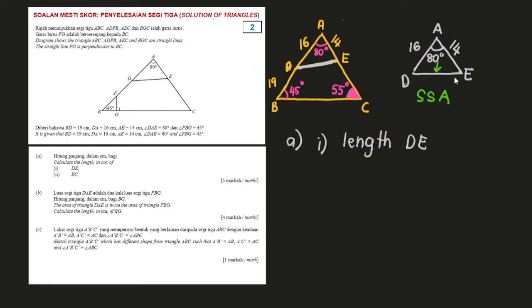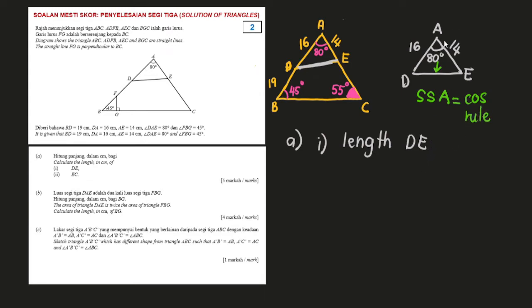I'll always give a reminder to try to remember SSA, or you can remember ASS. Something that makes you remember: if you have side, angle, you can find the length of the opposite. So for SSA, you use the cosine rule. Must use the cosine rule.